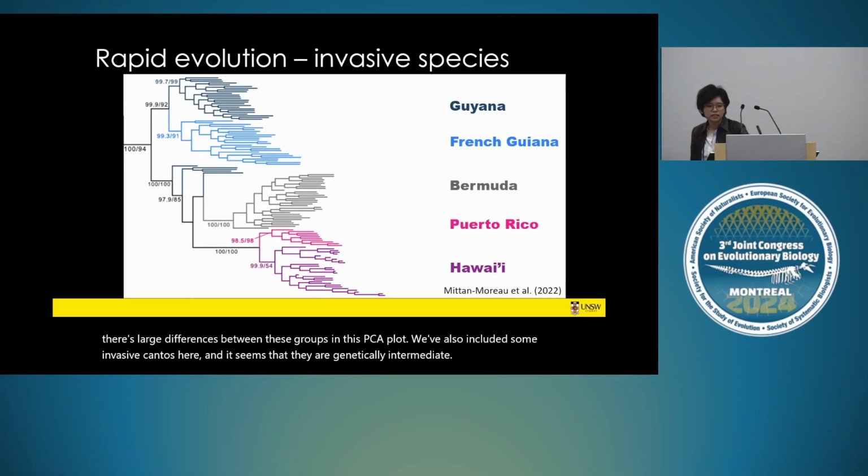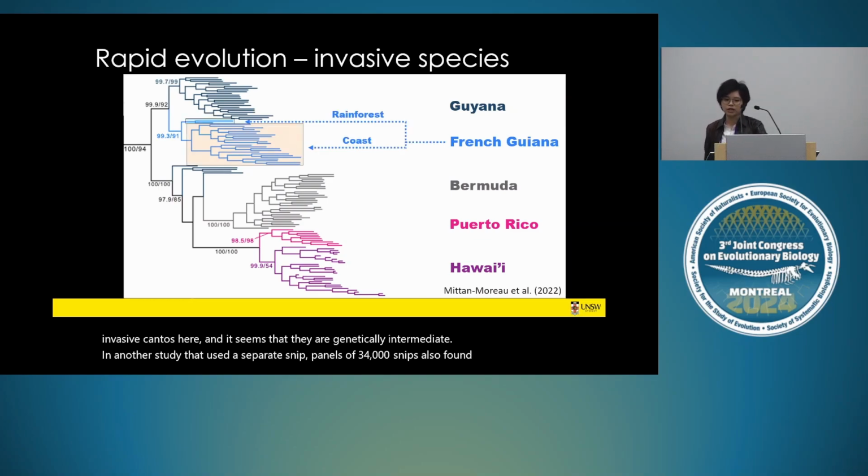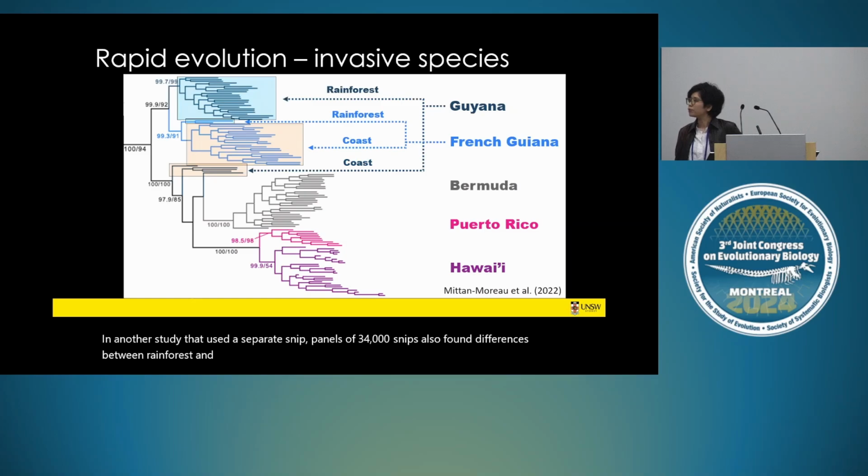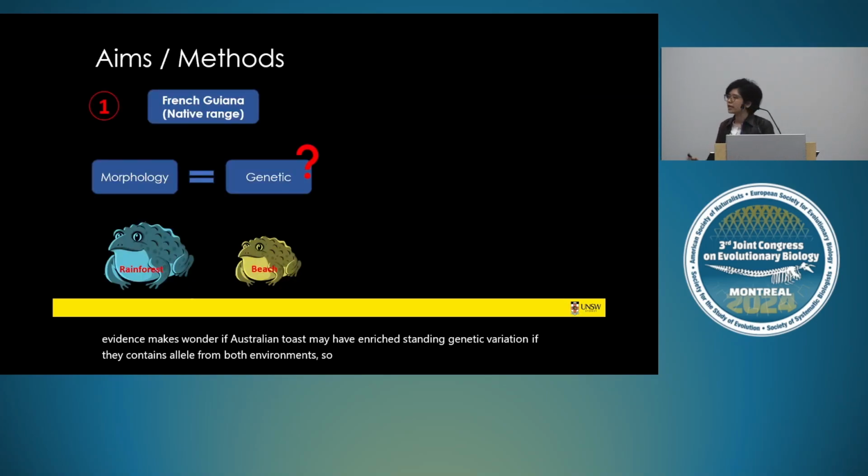Another study that used a separate SNP panel of 34,000 SNPs also found differences between rainforest and coastal toads in both Guyana and French Guiana. So this collection of evidence makes us wonder if Australian toads may have enriched standing genetic variation if they contain alleles from both environments.